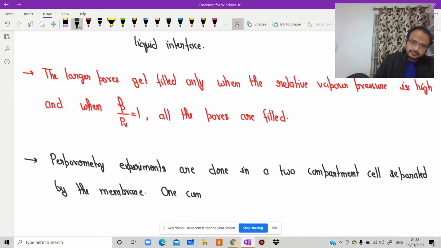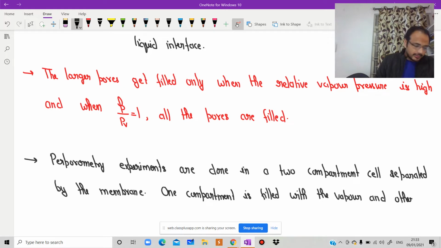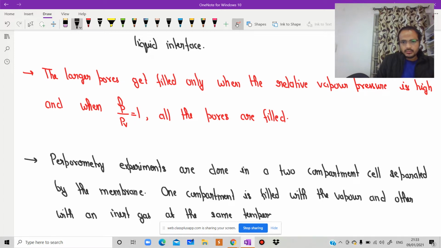One compartment is filled with the vapor, and the other with an inert gas at the same temperature.